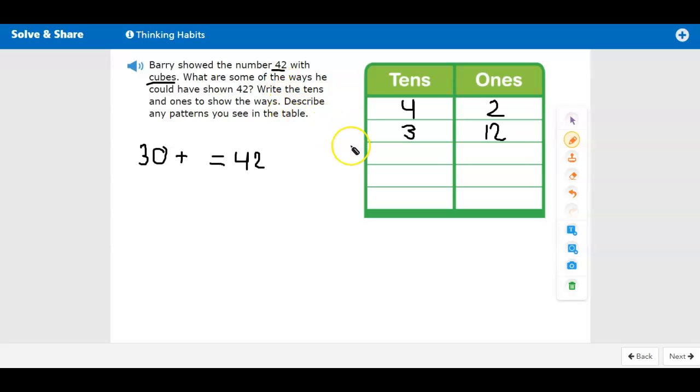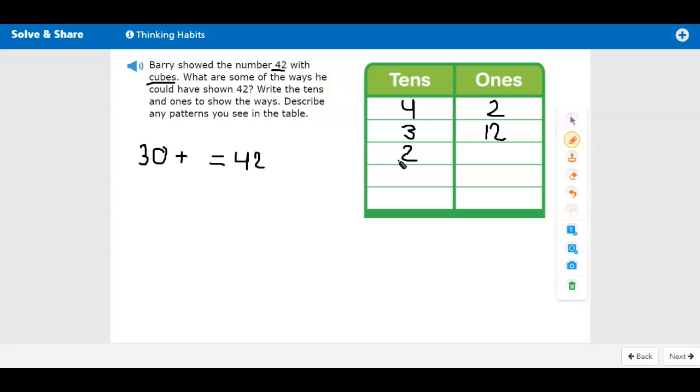If I really wanted to add more, I could begin with 2 tens, which would be 20, and add the rest in ones until I get to 42. If I begin with 20 and I need to get to 42, I would have to count how many I have to add to get to 42.